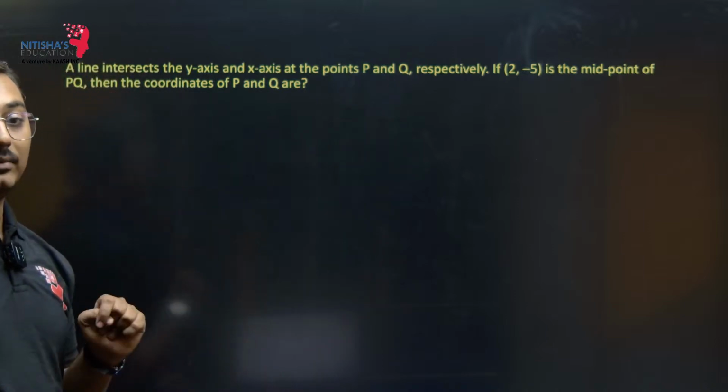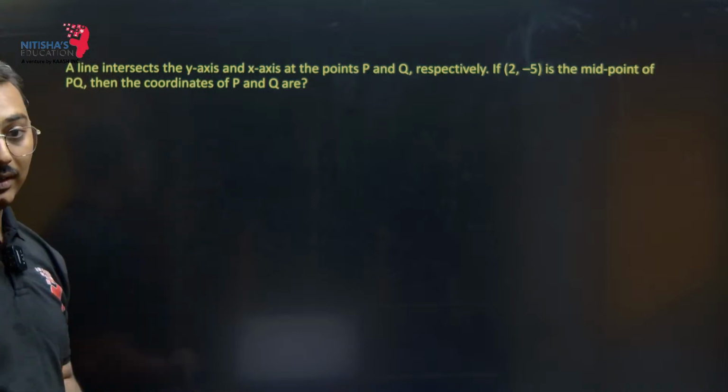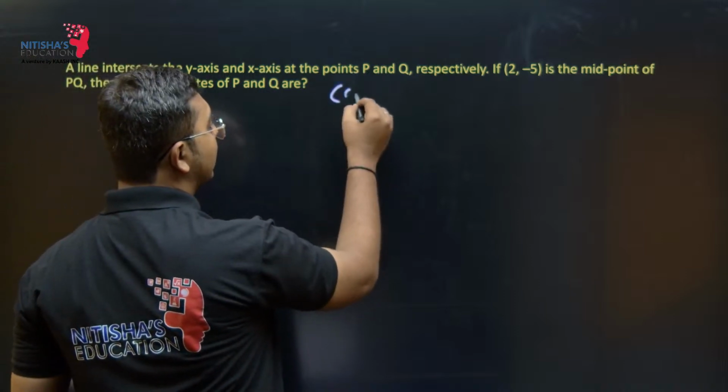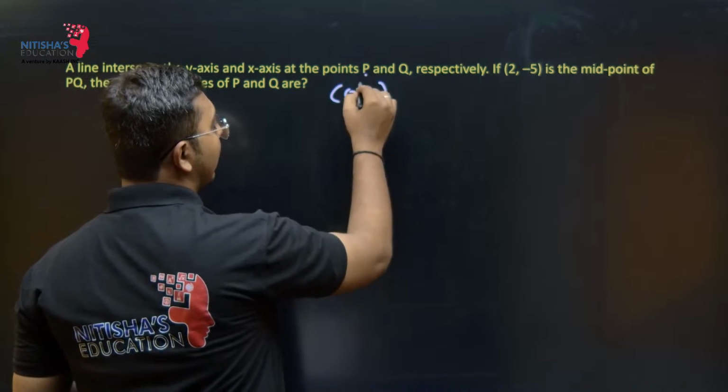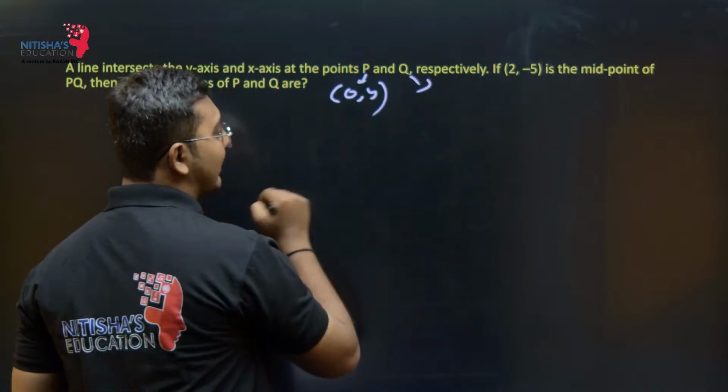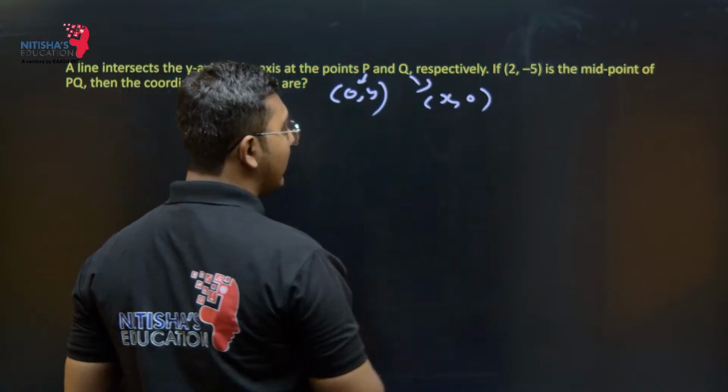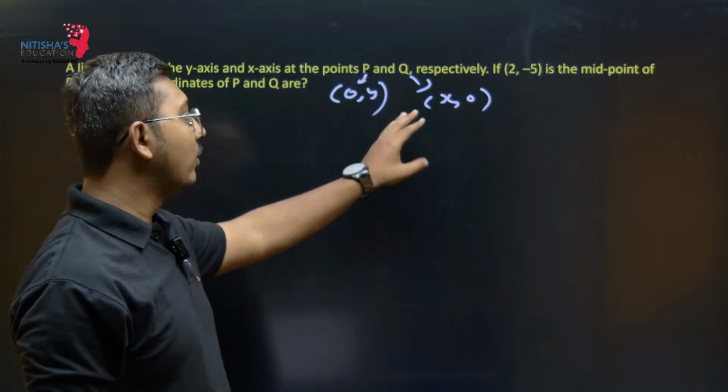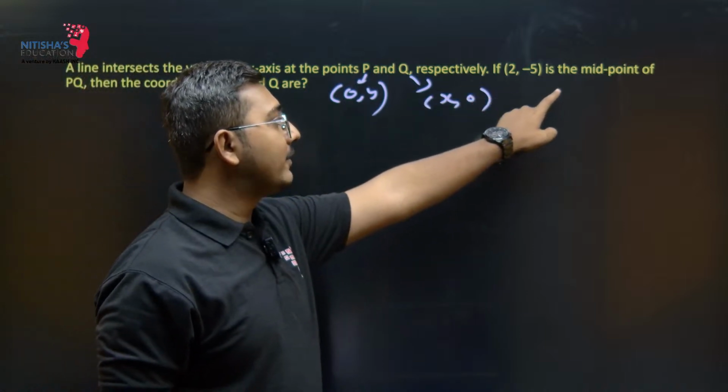What would be the coordinates of point P? It is on the y-axis, so it will always be 0, y. Point Q would be on the x-axis, so it is x, 0. Okay, so P and Q are the points and 2, minus 5 is the midpoint.